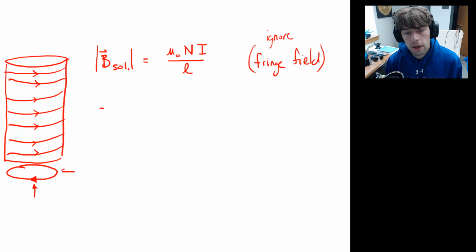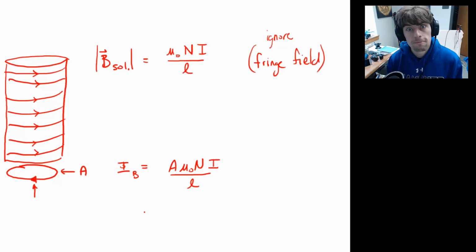We'll say that the area of this loop is A, and so the flux through the bottom loop is given by A mu naught Ni over L. Right. The area of the loop times the strength of the magnetic field passing through the loop.